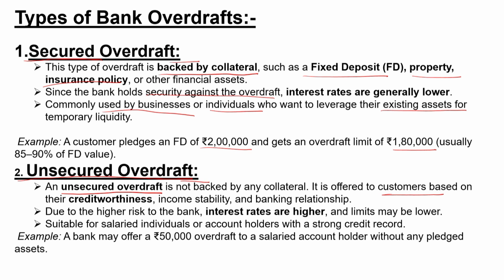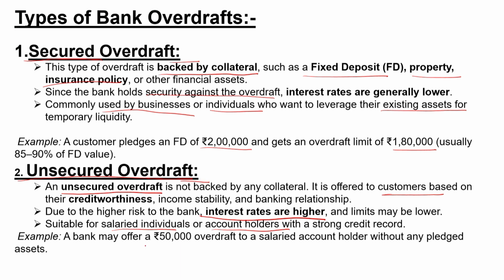In such cases interest rates are normally higher as compared to the secured overdraft, because there is no collateral security against the loan. It may be suitable for salaried employees or account holders who have a strong credit history, as well as a regular and stable source of income.